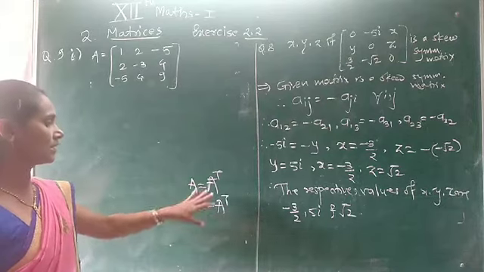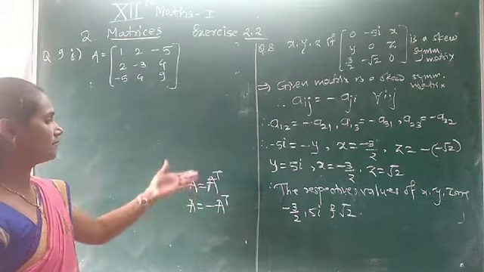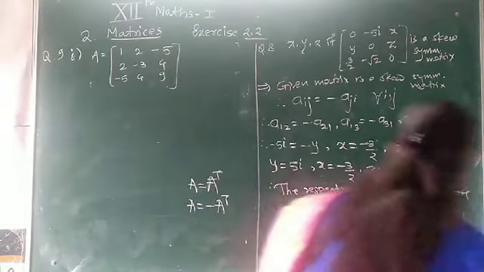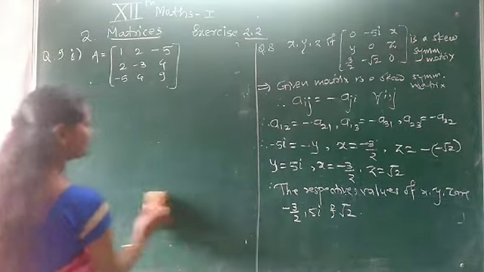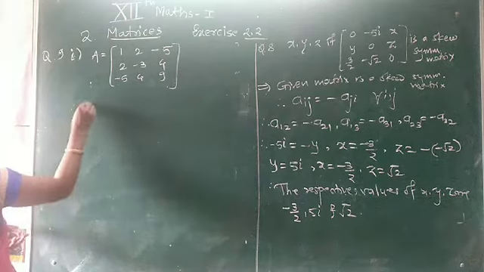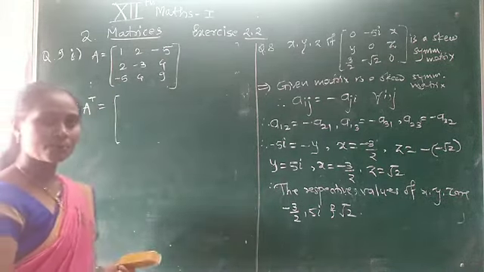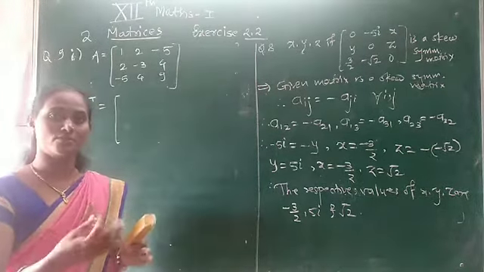So first we find the transpose of this matrix. Therefore A transpose is equal to... What is meant by the transpose of a matrix? Only interchanging rows and columns.